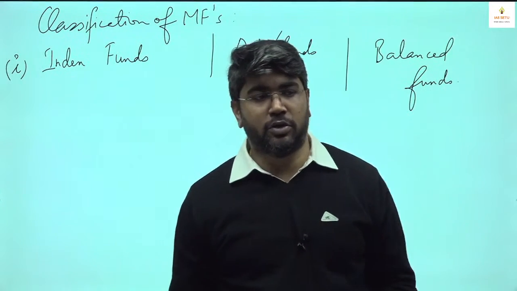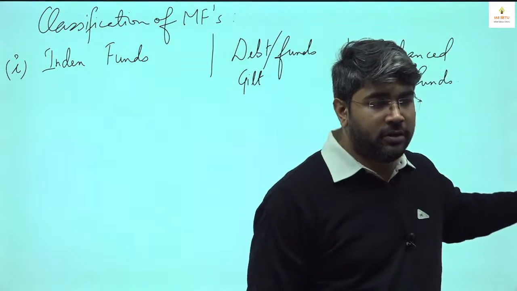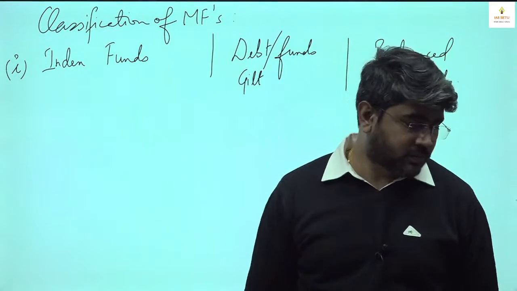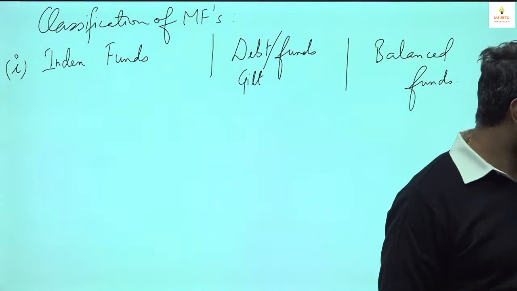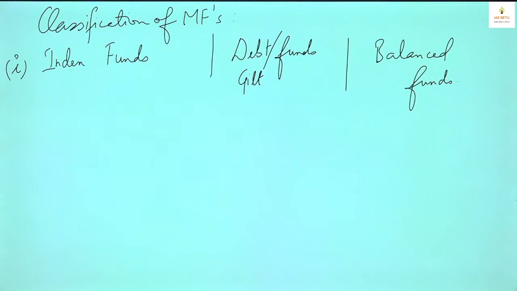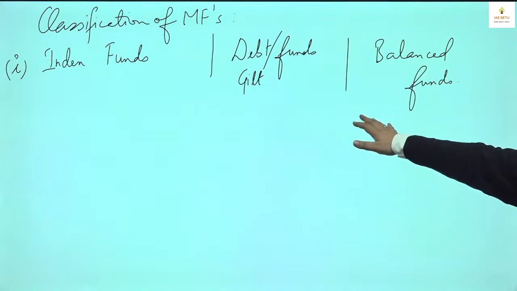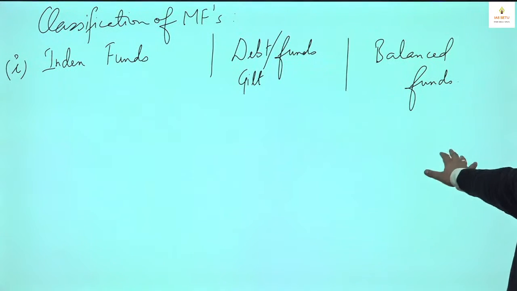And if it is investing in both of them, then it is called balanced fund. Mutual funds investing only in shares, mutual funds investing only in debt instruments, and mutual funds investing in both of them.